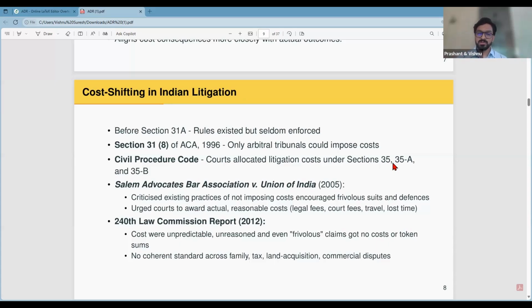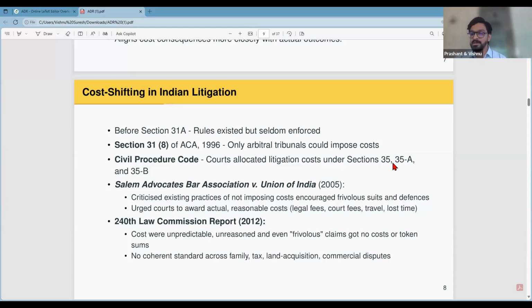Now, if you look at courts, courts could allocate litigation costs under Sections 35, 35A, and 35B. Speaking specifically about how frequently and consistently this was imposed, it is important to draw your attention to Salem Advocates Bar Association.